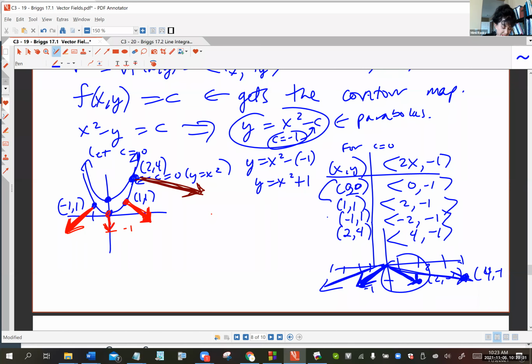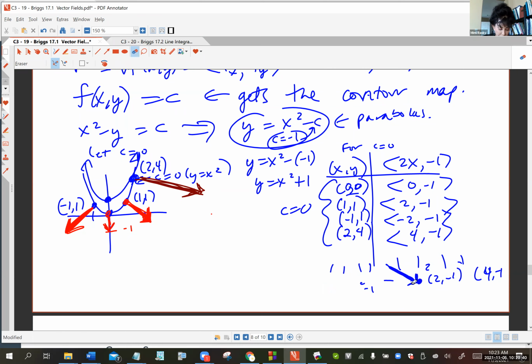These values here have to do with c equals 0. So, continuing my chart where I plug in some points from our new parabola, the one that's translated up a unit, just pick some points off of that parabola and plug them into the vector field, which is our gradient, and then graph those.